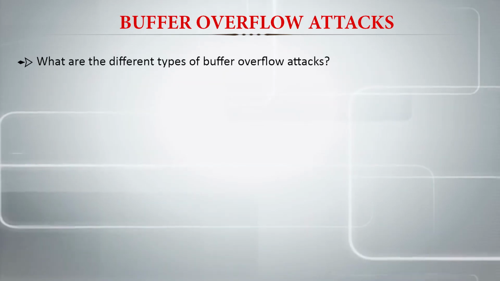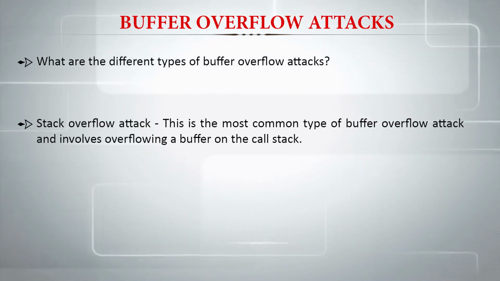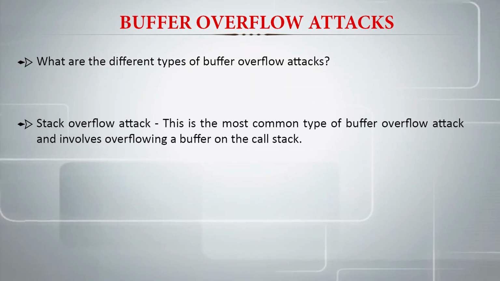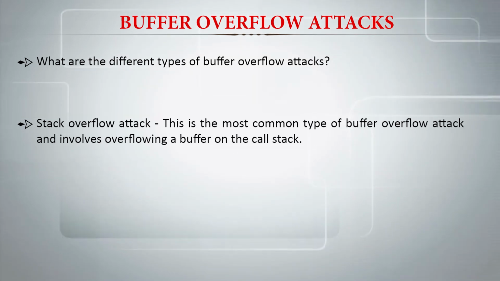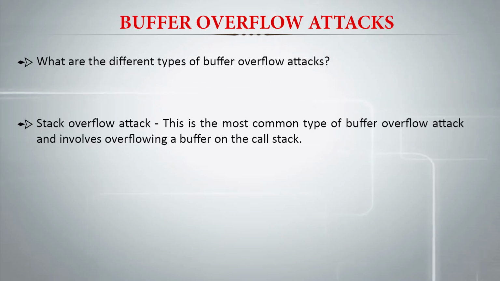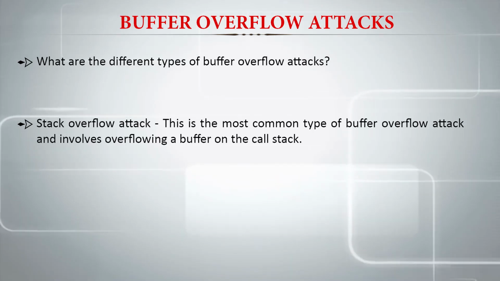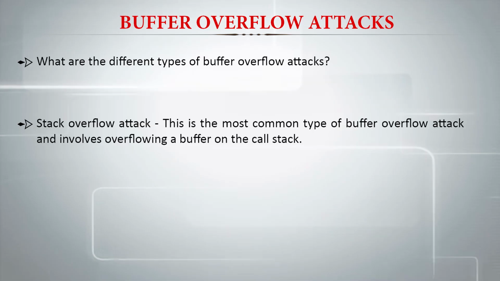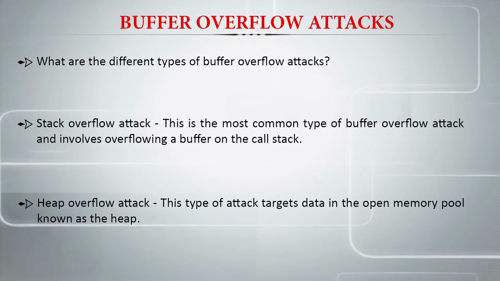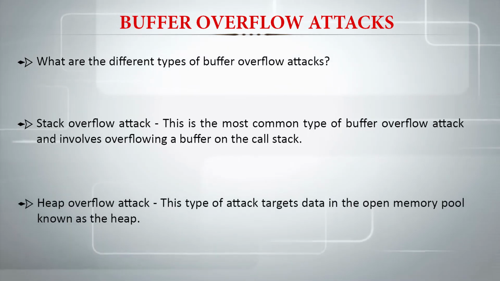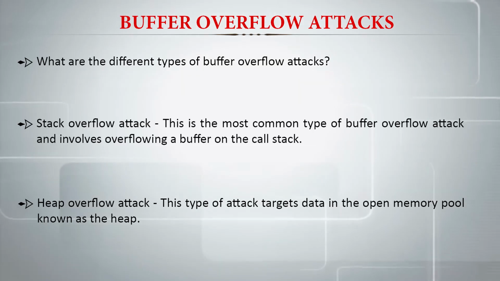Different types of buffer overflow attacks: one is called stack overflow attacks, and second, heap overflow attacks. The stack overflow attack is the most common type of buffer overflow attack, and involves overflowing a buffer on the call stack. The heap overflow attack is the type of attack which targets data in the open memory location, called a heap.